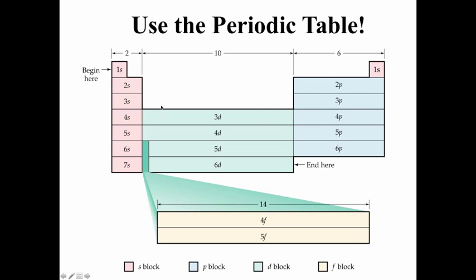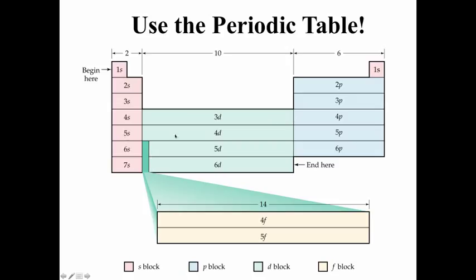Again, it's worth noting that the periodic table is a good guide to the ordering of filling the subshells. Start at hydrogen. 1s is the first row, 2s, 2p is the second row, 3s and 3p is the third row, then 4s followed by 3d followed by 4p is the fourth row of the periodic table, and notice that the third subshell or third shell are starting to kind of overlap each other.